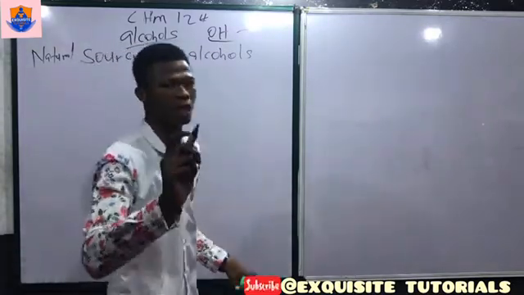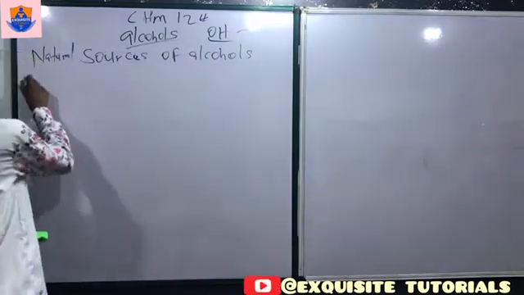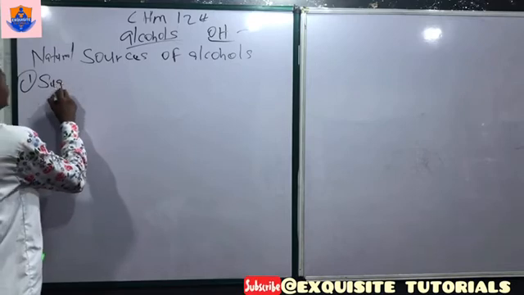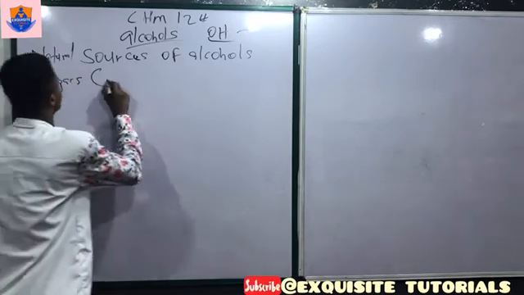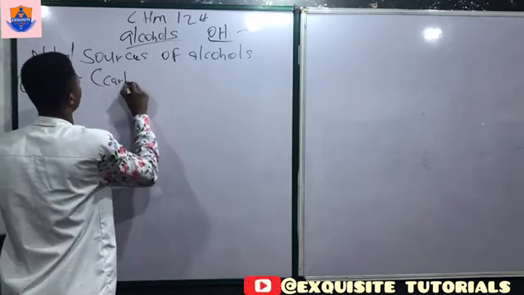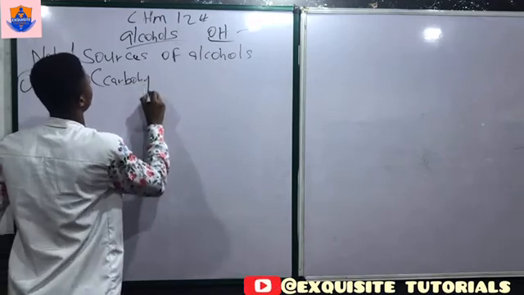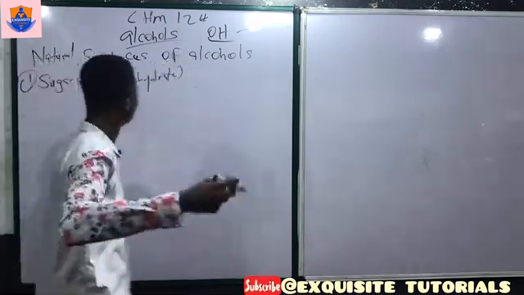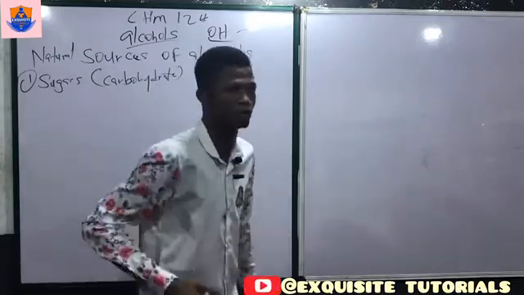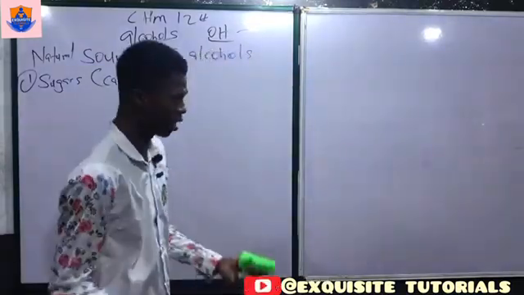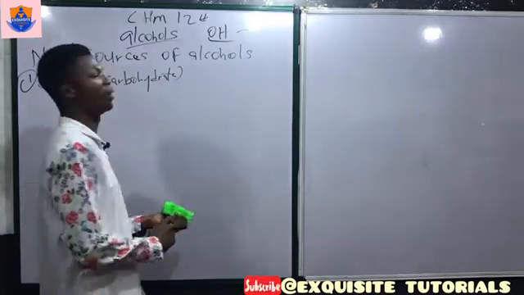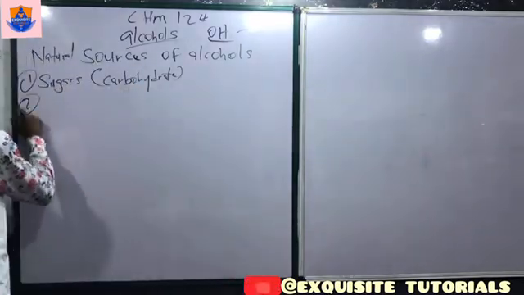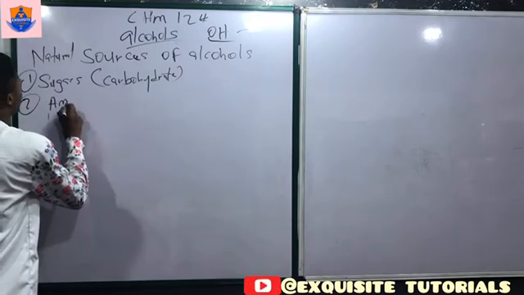Now, let's go back to the natural sources of alcohol. One of the main natural sources of alcohol is sugars, or we can say carbohydrates. Now we have so many carbohydrates. We have the ribose, the deoxyribose, the arabinose, and the rest of them. So the one major natural source of alcohol is sugars. Number two, we have amino acids.